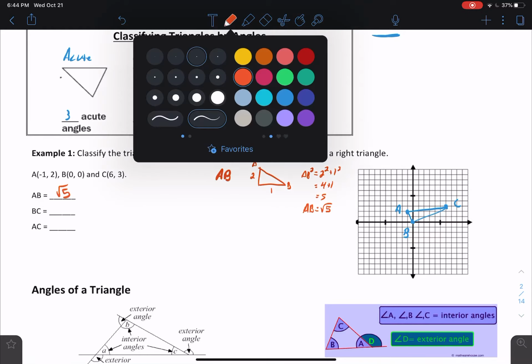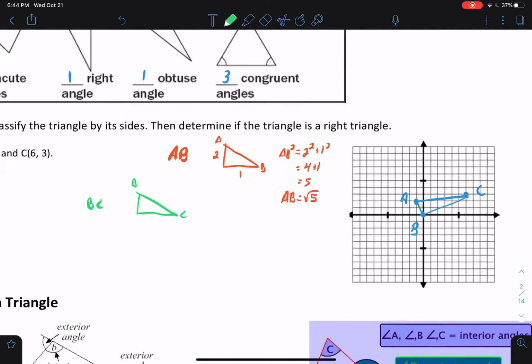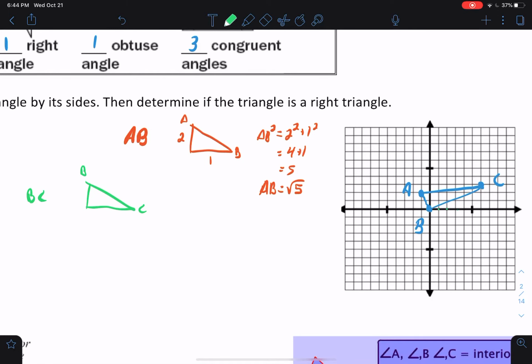Next is BC. If I set up a right triangle to solve for BC, my horizontal change is 6 and my vertical change is 3.